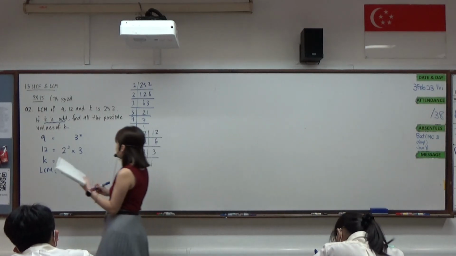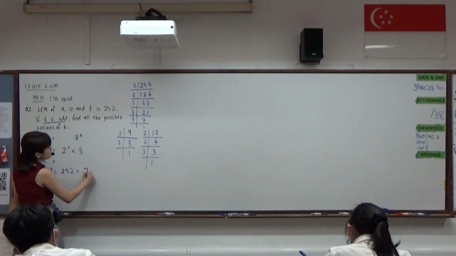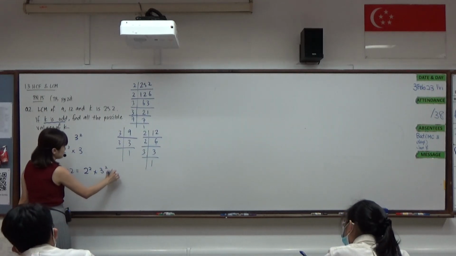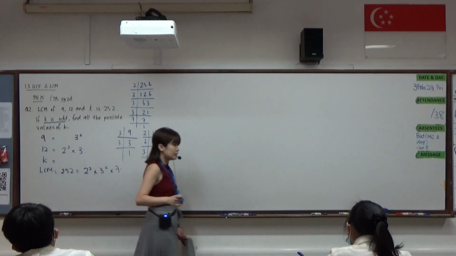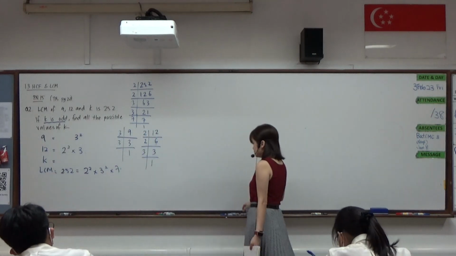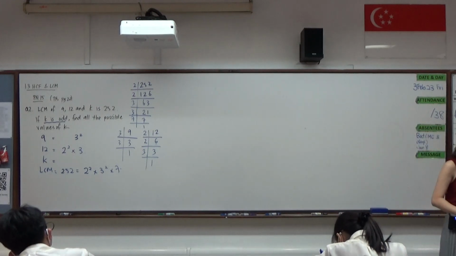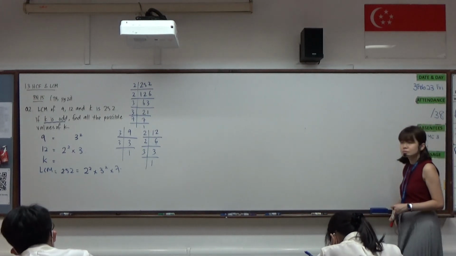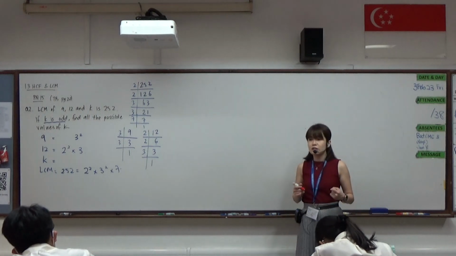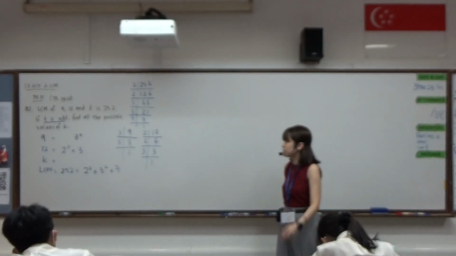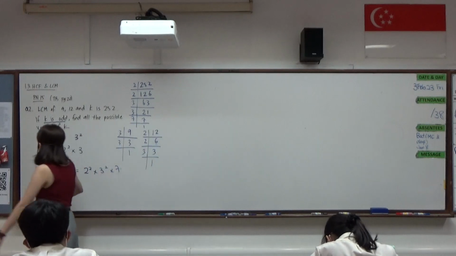Hence 252 is 2 squared times 3 squared times 7. Any questions at this juncture? Alright, now let's get to the main part of the work.